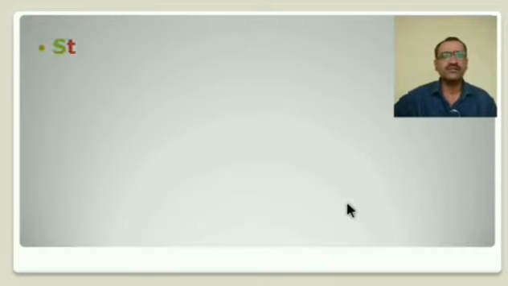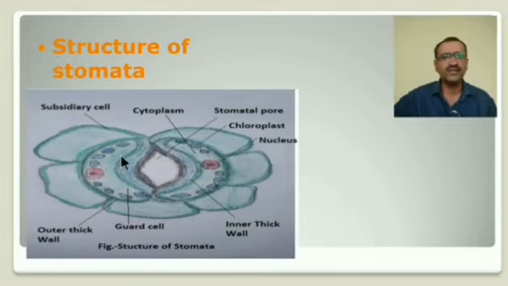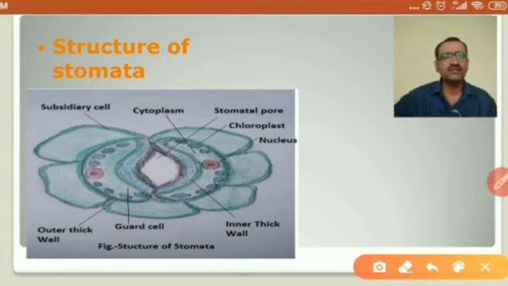Let us see the structure of stomata, how it is shown. Here in this diagram, the stomata is a small pore, but it also has other cells. First of all, these two cells are the guard cells, and to protect these guard cells, the outermost cells are the subsidiary cells.